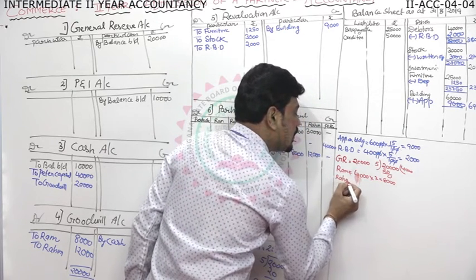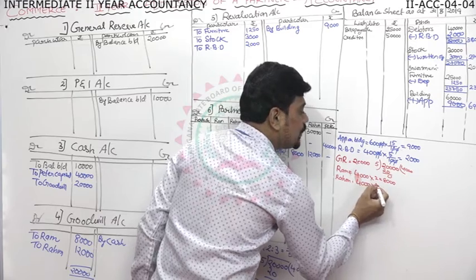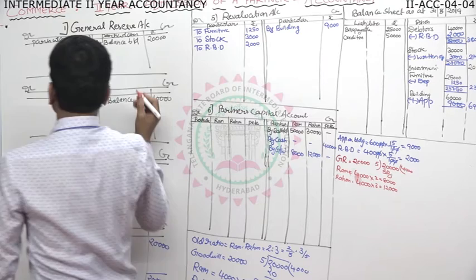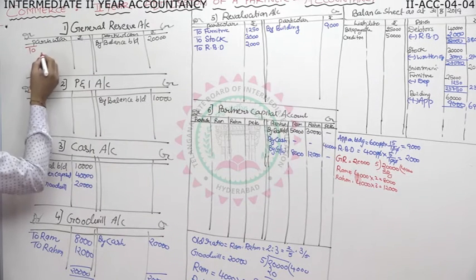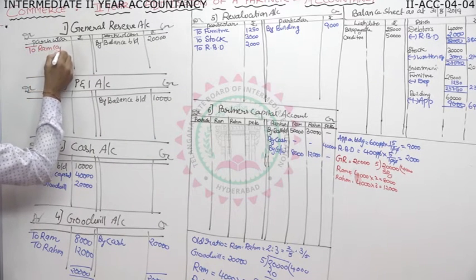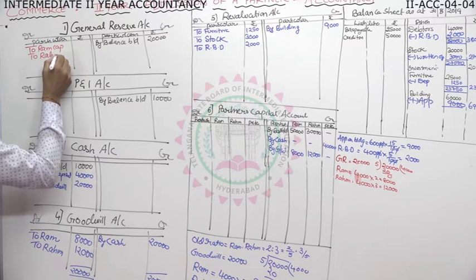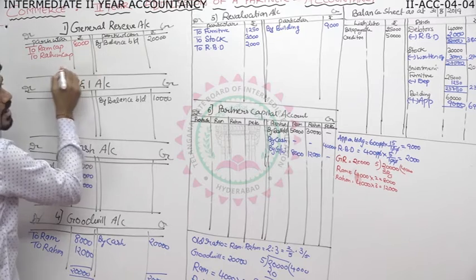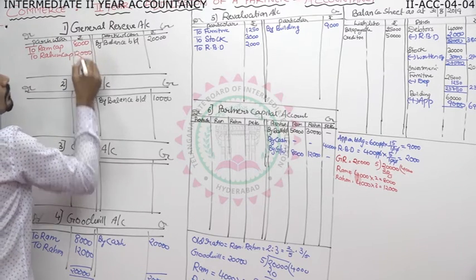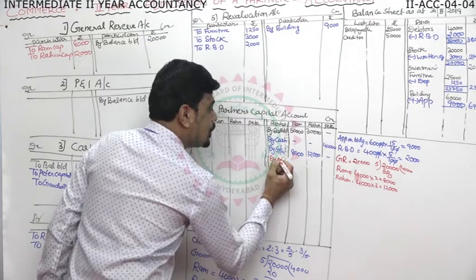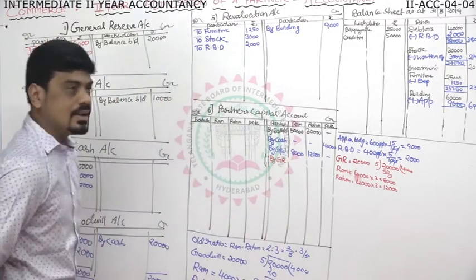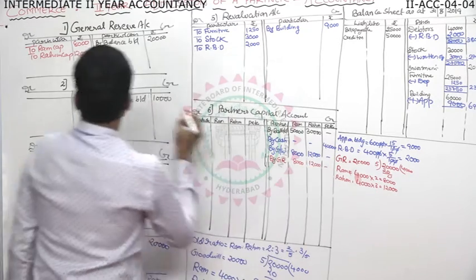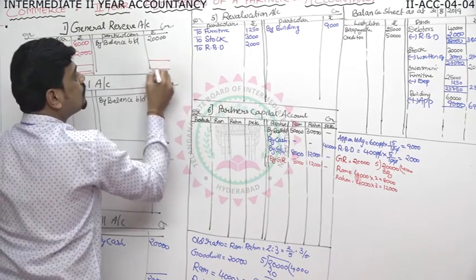Then Rahim, I do 4,000 into 3. I get 12,000. Like that, we'll follow the working notes so that it will be easy. So we'll go to general reserve account, to Ram capital, to Rahim capital. Ram got a share of 8,000 and Rahim got a share of 12,000. So the second effect in partners' capital by general reserve is 8,000 and 12,000. So even the general reserve account is closed with 20,000.